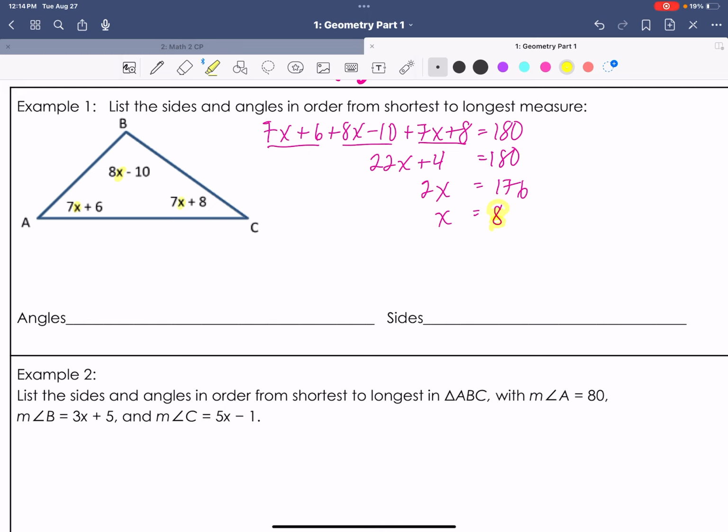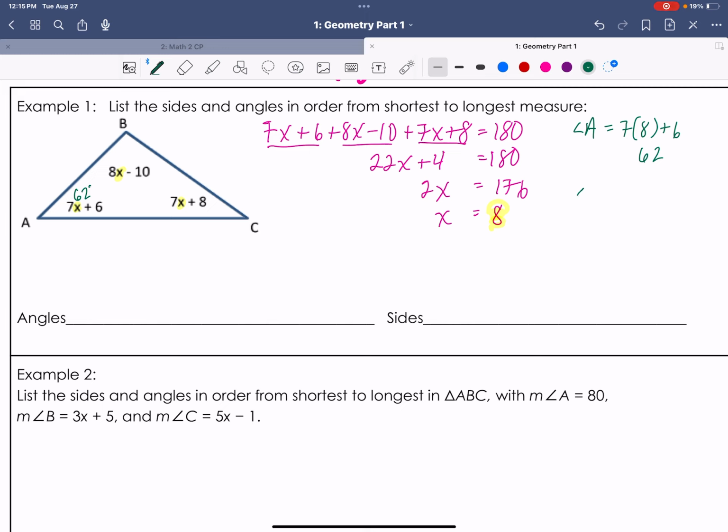Now we can use that to figure out the actual measure of each angle. For angle A, it's going to be 7 times 8 plus 6, which is 62. So this one right here is 62 degrees.